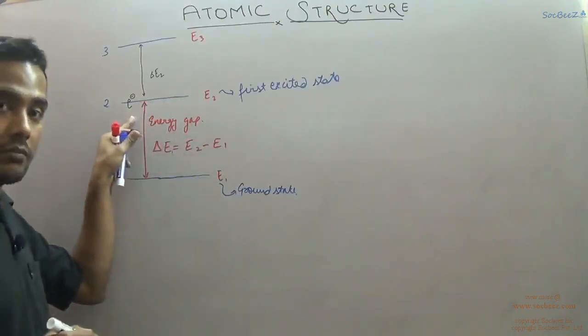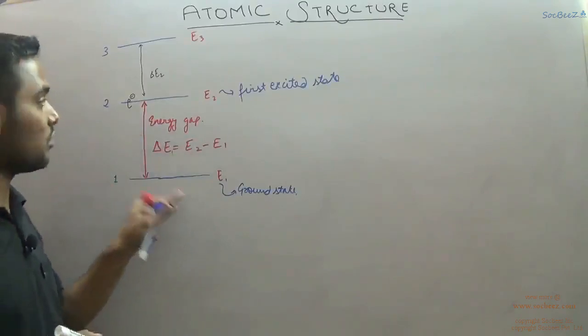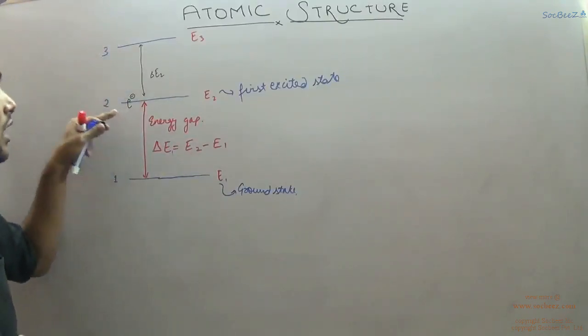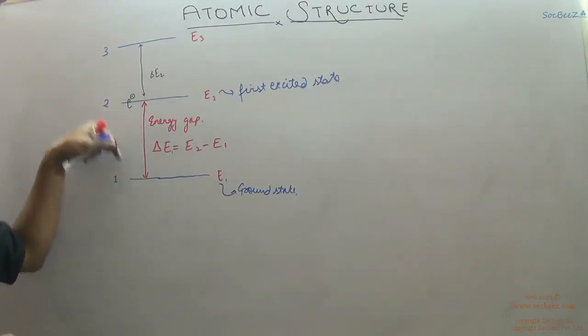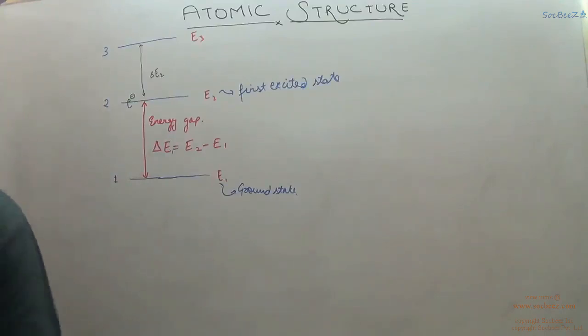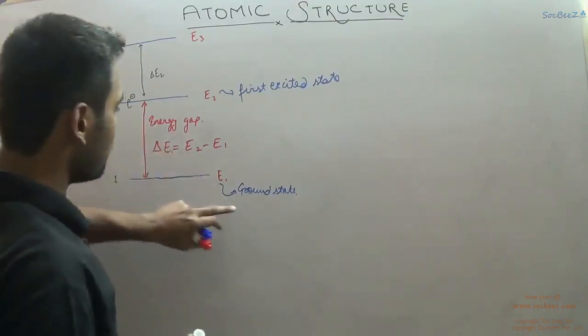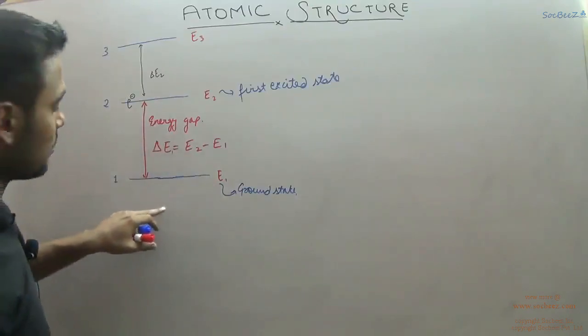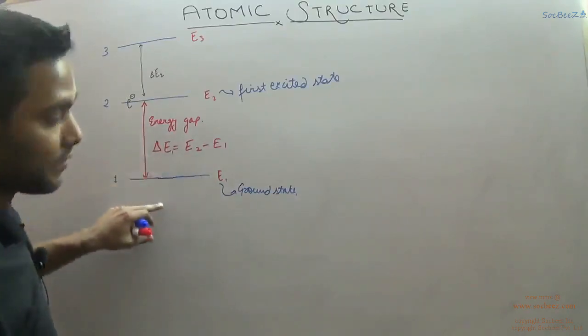The electron is stable only in its ground state. It is not stable in the first excited state or any other excited state. So it will tend to come back to its ground state. When the electron comes back, it releases energy, because now the energy is decreasing.